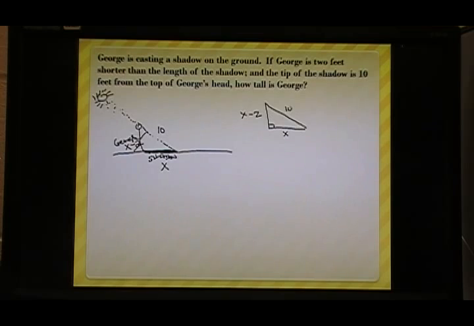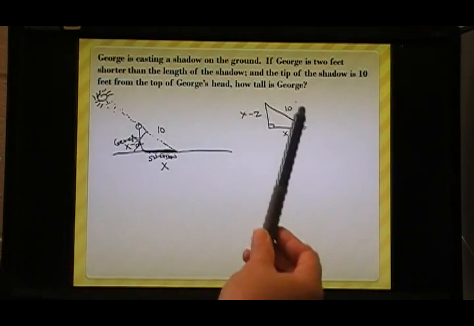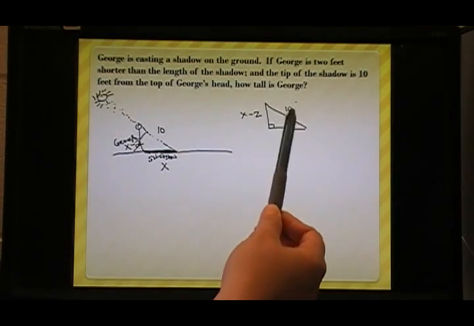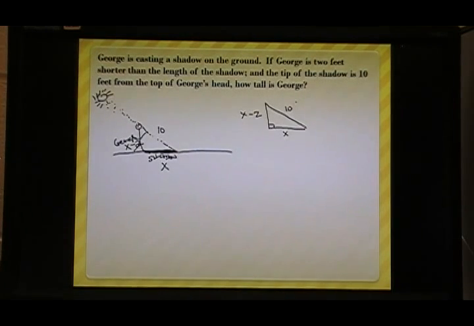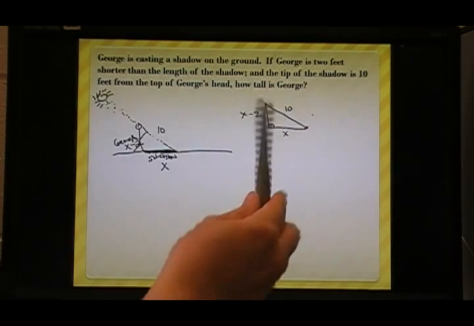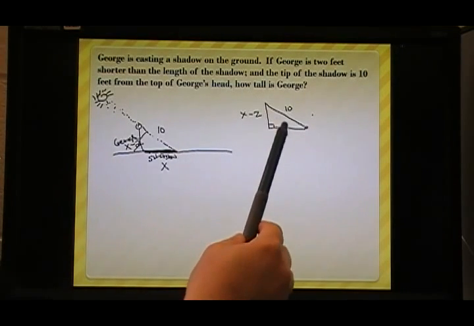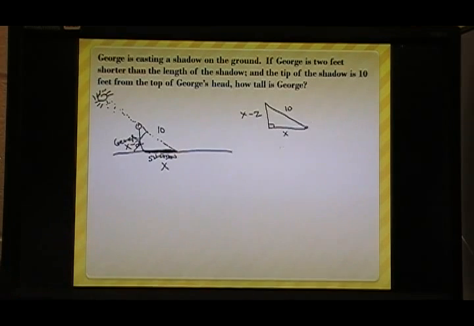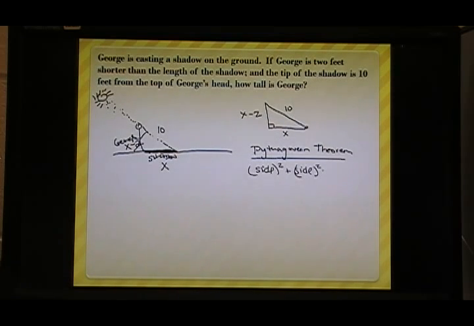And if we do make that assumption, then what we've got going on here is a right triangle and we've got the sides. So again, if you go back to your geometry, you know that for every right triangle, it is always true, using the Pythagorean theorem, that side squared plus side squared equals the hypotenuse squared.